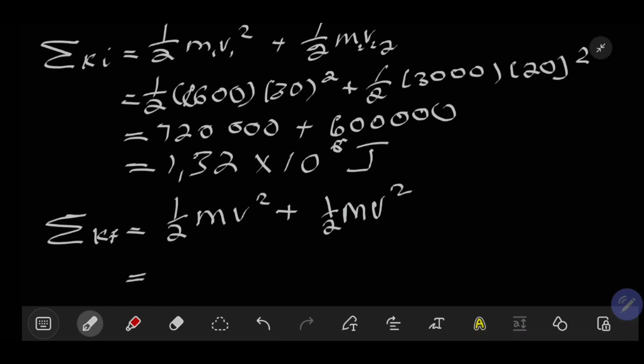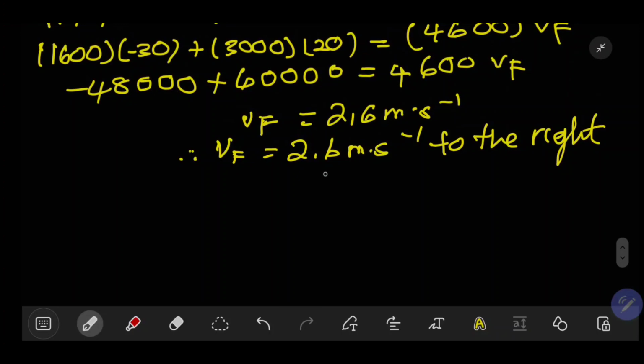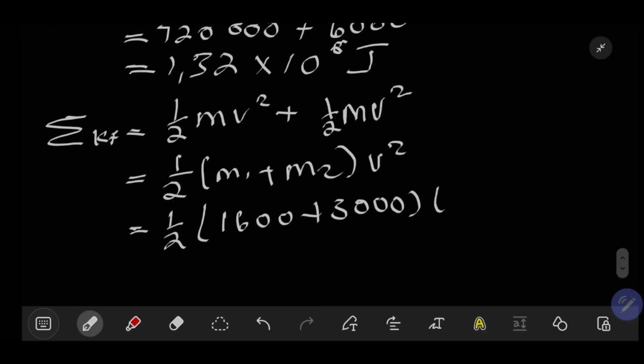Remember, the two were sharing the velocity, so we can simplify this equation to half times mass 1 plus mass 2, with the same velocity. Or you can substitute the mass and the same velocity for every v, and your answer will be correct. So we have half, then the mass 1,600 plus 3000, and our final velocity was 2,6 meters per second.